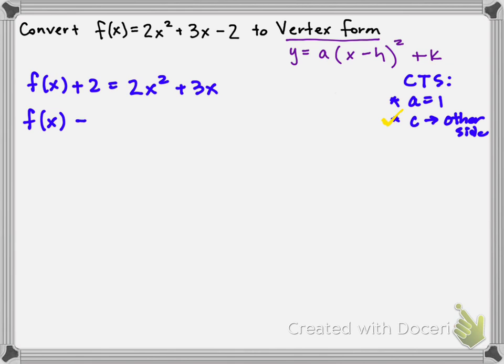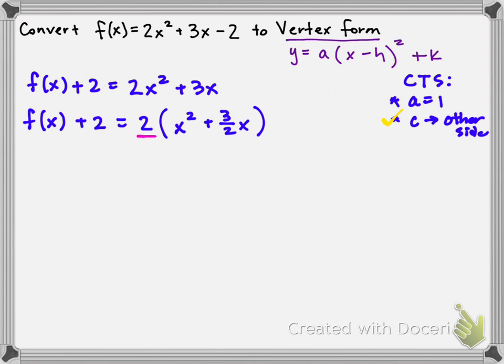So we're going to have f of x plus 2 is equal to 2 times x squared plus 3 halves x. And that's going to be how we can complete the square. Next, because we factored this 2 out and we're going to add a plus blank on the right-hand side, we need to make sure when we are on the left-hand side, remember whatever you do to one side, you do to the other, we also do 2 times plus blank.